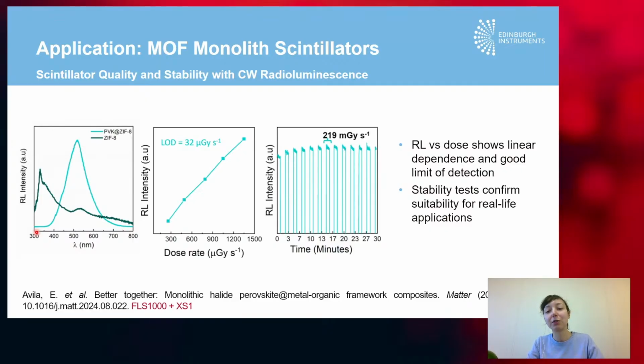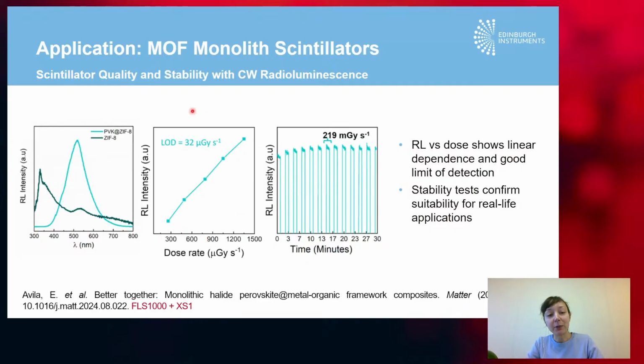So it shows that adding the perovskite increases the RL intensity and it shifts the spectrum towards visible, which can be useful for radiation detection applications. And the author suggested that the spectrum has contribution from both the perovskite and the MOF.